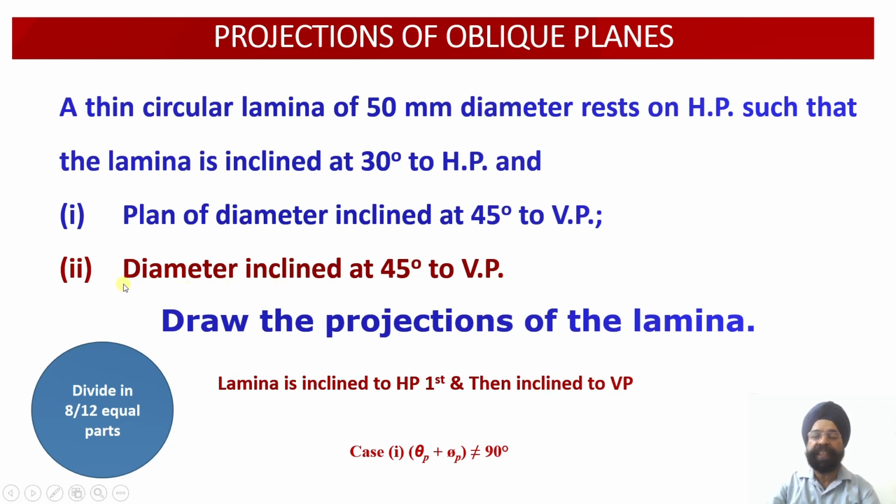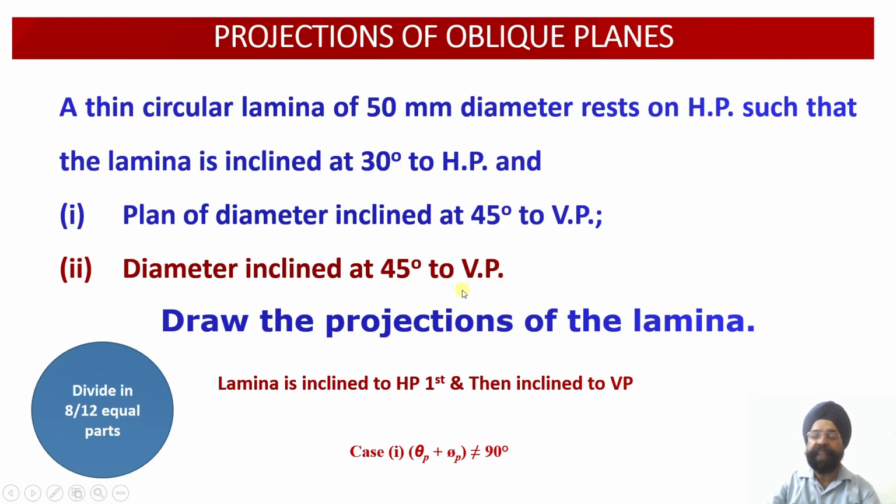Then the second case suggests that not the plan of the diameter but the original diameter is inclined at an angle of 45 degree to the vertical plane. It means that we have been provided in the second instance the angle phi. Angle phi is the angle of inclination of the true length of the diameter with respect to the vertical plane.